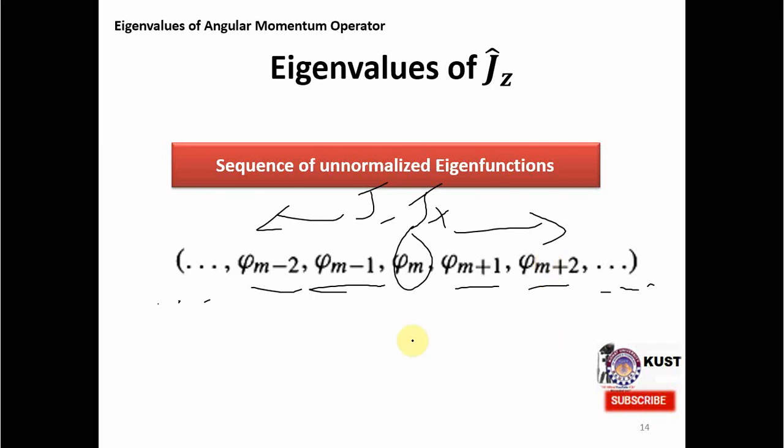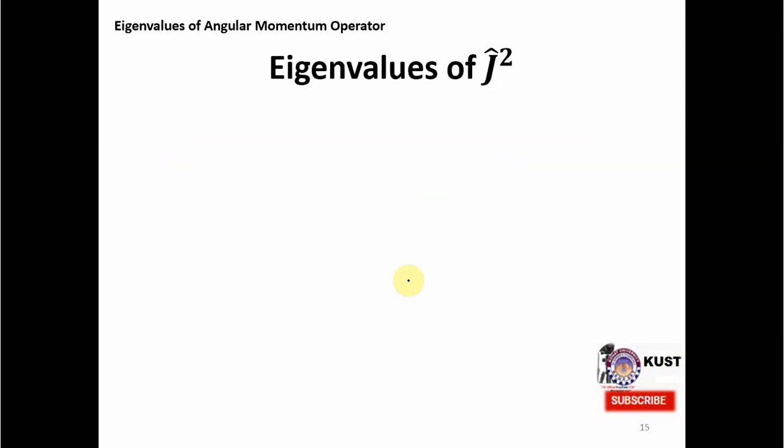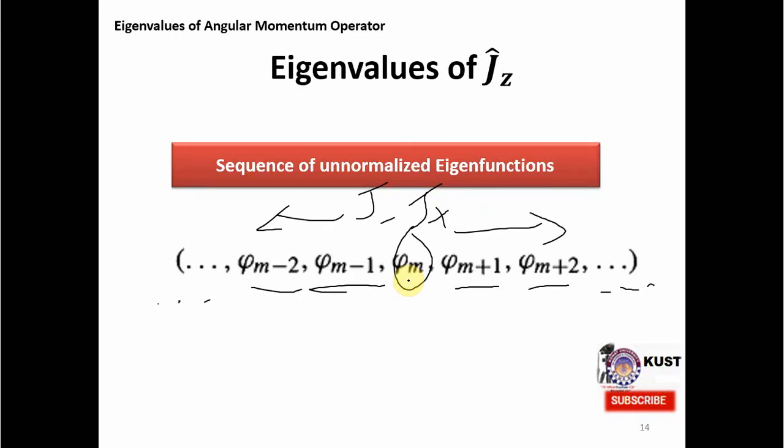Now the next thing we have to prove is that these eigenfunctions are separated by a unit step, and then at the end we will see that this m corresponds to either integer or half integer, which will give us the spins of all kinds of particles.